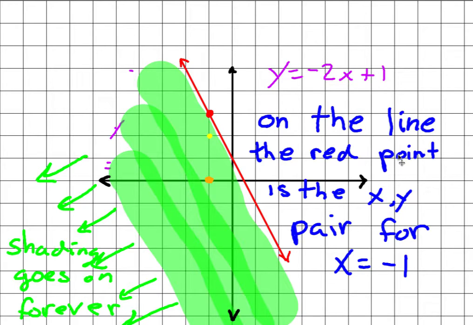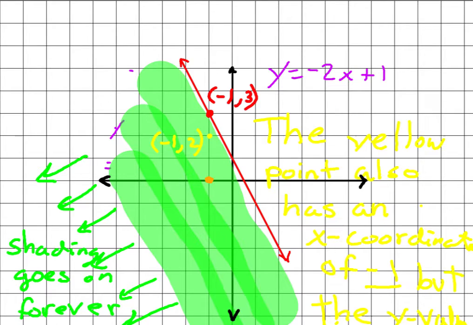All right? If you look at these 3 points, the red point is on the line, the yellow point is in the green shaded area, and the orange point, with x equals -1, is also in the green shaded area. So the red point is the xy pair for x equals -1, and that's going to be -1, 3. That's the ordered pair.